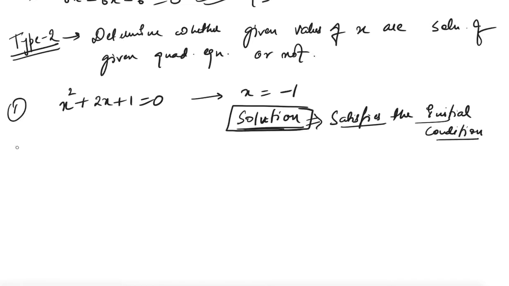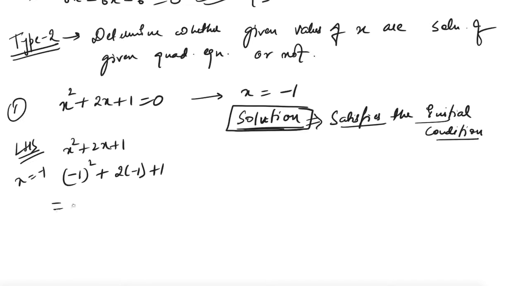So let us check. Let us take the LHS. X square plus 2x plus 1, I'll substitute x equals minus 1. So I have minus 1 whole square plus 2 into minus 1 plus 1, which is equal to 1 minus 2 plus 1, which is equal to 0, which is equal to RHS. Hence it satisfies.